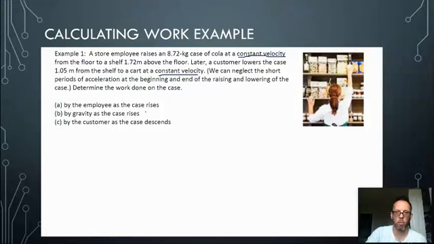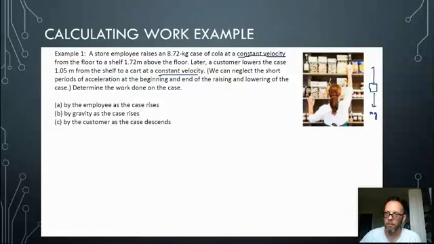So by the employee as the case rises, by gravity as the case rises, and by the customer as the case descends. So just to start off quickly, I'm going to squeeze in the tiniest of tiny free body diagrams.